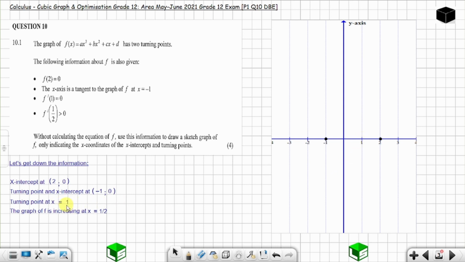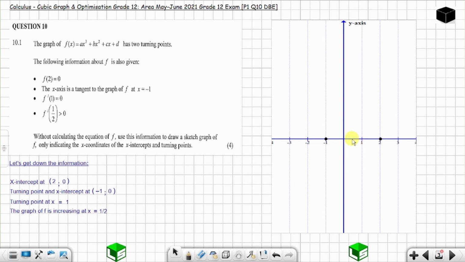You don't know what the y value is. So from this information, you can see that when x is equal to 1, y will be positive. So you're going to have a point above there so that y is positive, because you are told that f is increasing at x is equal to a half.